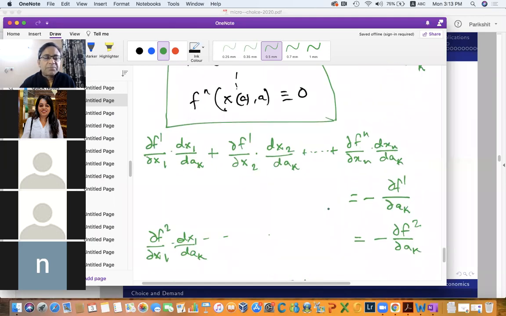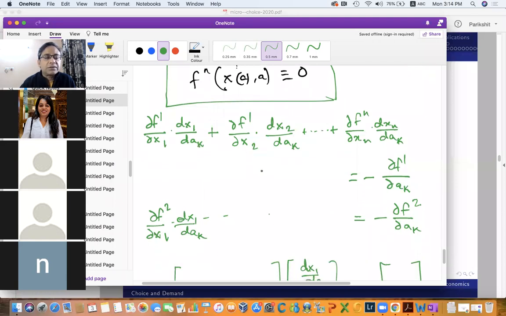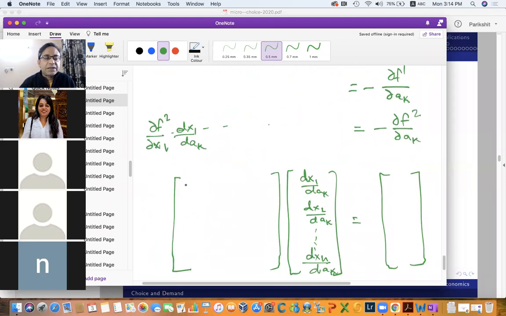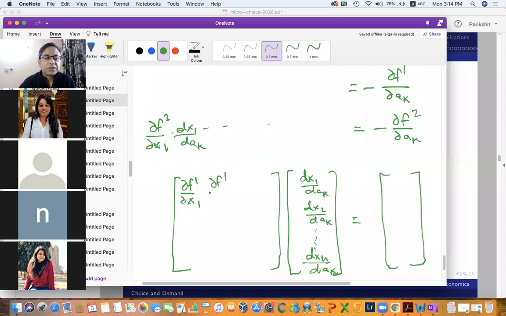And what is the matrix? Again, if you just look at these equations closely, the matrix is basically, the first row is del f1 del x1, del f1 del x2.